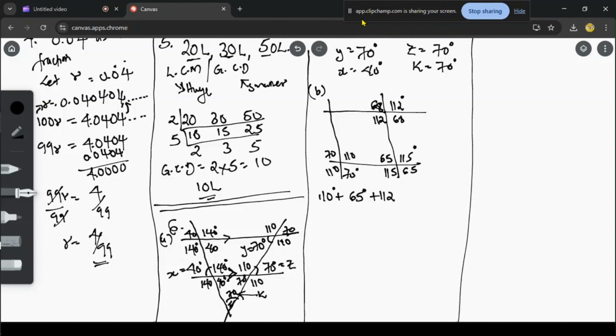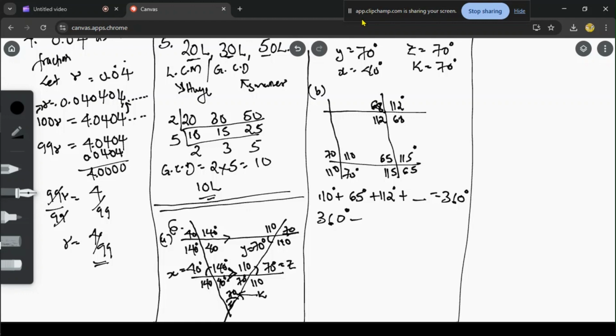I'm adding the interior angles plus the angle that I don't know here, supposed to give me 180, not 180, but, sorry, 360 degrees. So I can add all these angles, then I subtract from 360.